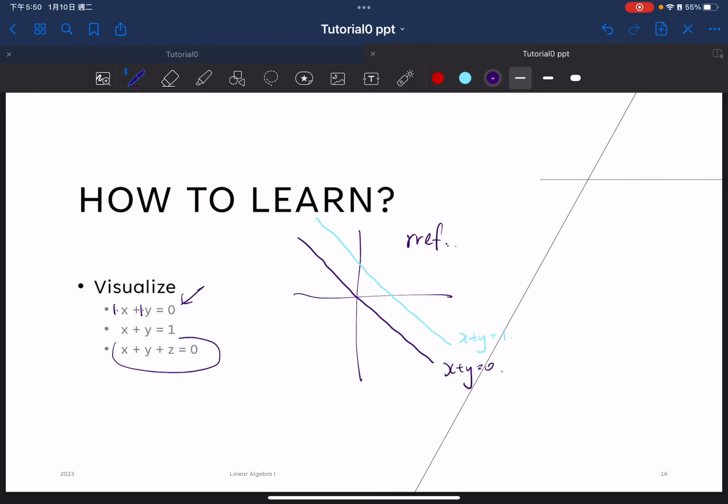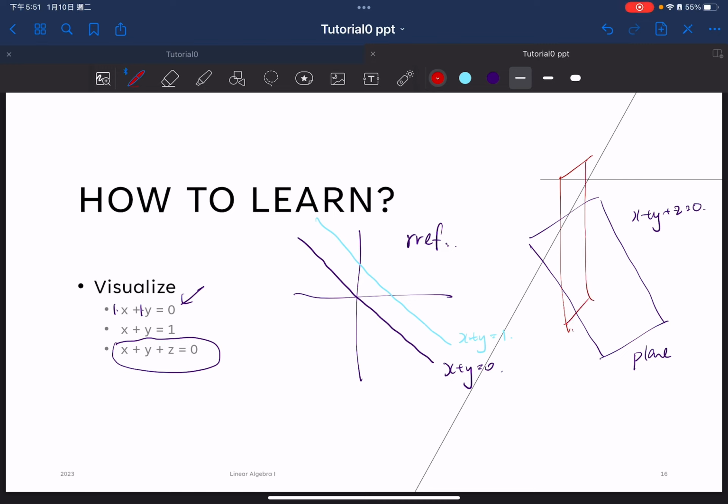I'll give you another example, like this. This just looks like 3 variables and 1 equation, right? But you should visualize it as a plane. It's just a plane. And say I'm having 2 planes, okay? What are the possible intersections of them? The intersection must be a line or nothing, right?